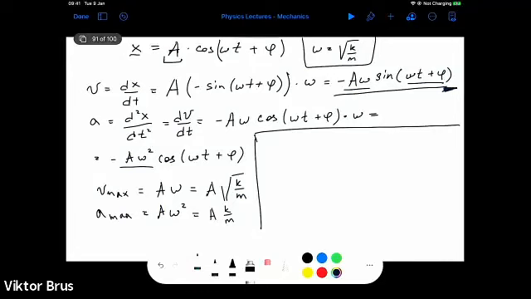And let us introduce the period T. The period of motion is the time interval during which the particle or the body goes through the whole cycle.